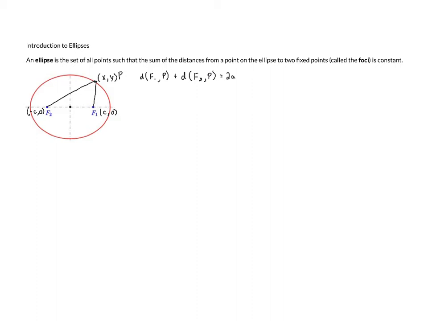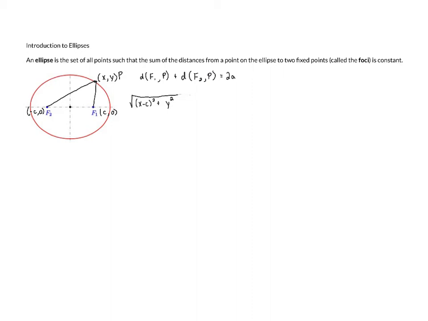So we can actually use the distance formula to express these distances. We know the distance formula is going to be the square root of the difference in the x coordinates. So here it's going to be x minus c squared plus the difference in the y coordinates, and that's just going to be y squared because one of the y coordinates is 0.